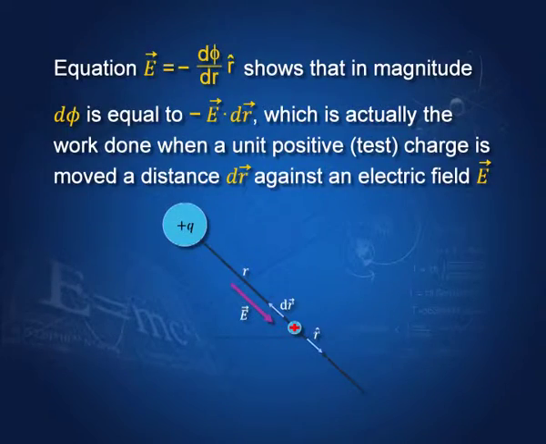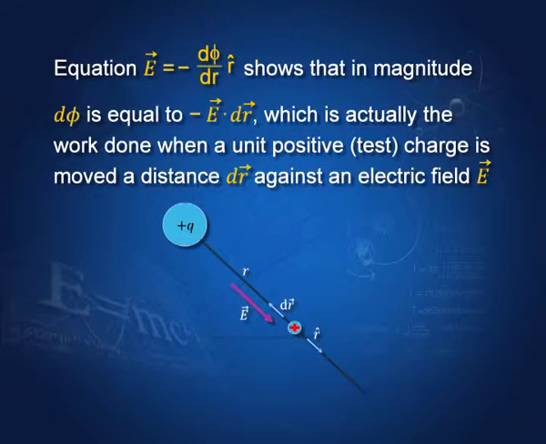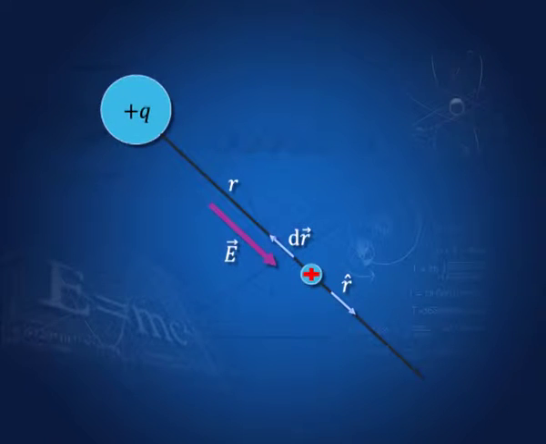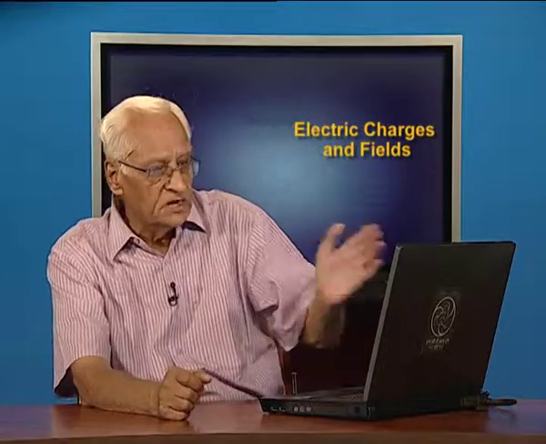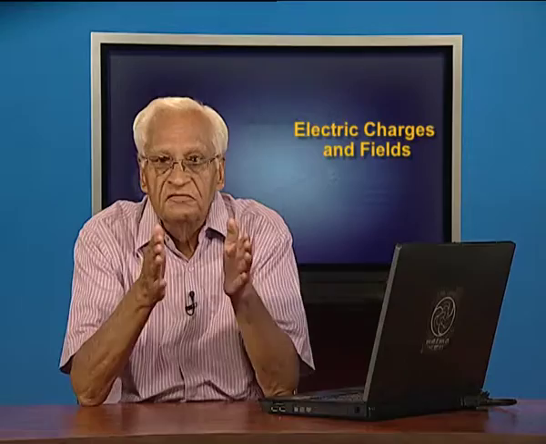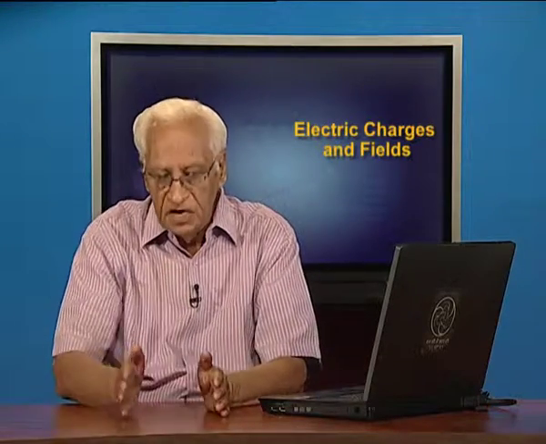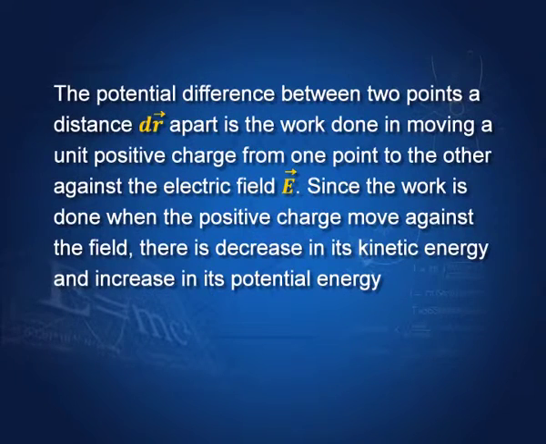The magnitude of d phi from this equation is E dot dr, which is actually the work done when a unit positive test charge is moved a distance dr. You see, if I move a positive charge a distance dr against the electric field, then the work done is minus E dot dr. So, the potential difference between 2 points a distance dr apart is the work done in moving a unit positive charge from one point to the other against the electric field.